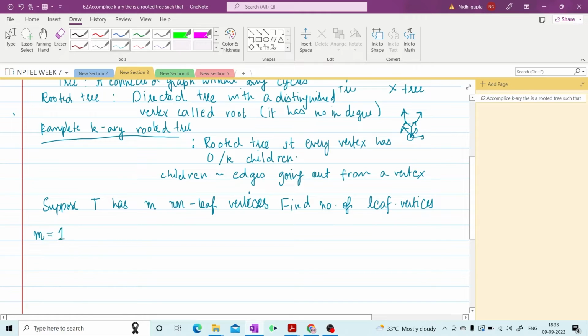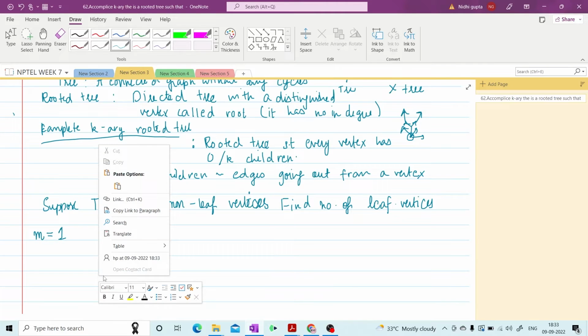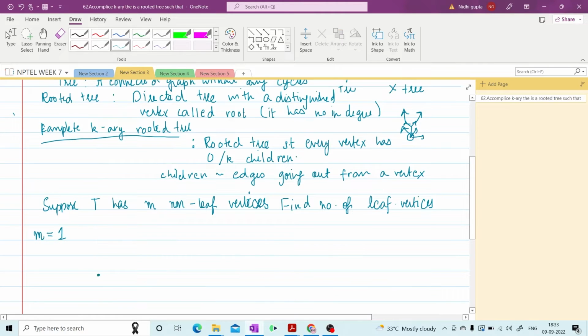If m is equal to 1, so if we have a rooted tree, we have to have a root. Suppose this is my root. Now m equal to 1 means T has exactly one non-leaf vertex.